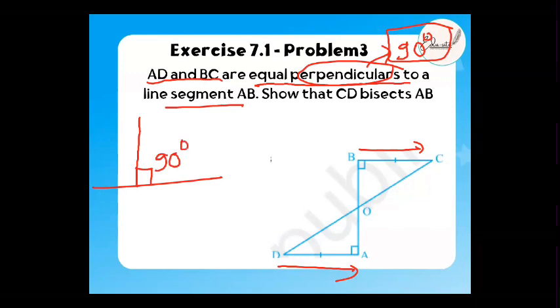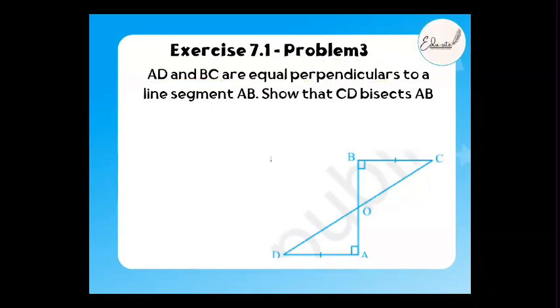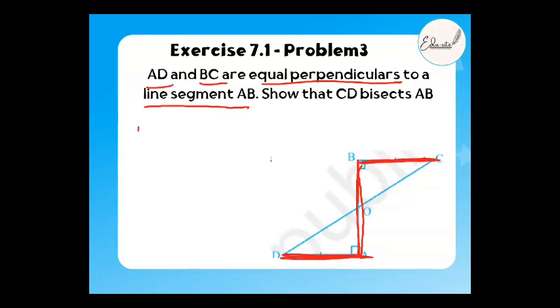Yes. ओके यहाँ उन्होंने क्वेश्चन में बताया है कि AD and BC are equal perpendiculars to line segment AB. तो कहाँ पे है? There is an AB here. ओके, ये लाइन AB है. यहाँ पे उन्होंने स्ट्रेट खड़ा किया है 90 डिग्री लाइन. Which is the 90 degree line? AD and BC, correct? So now angle A and angle B are equal, correct?